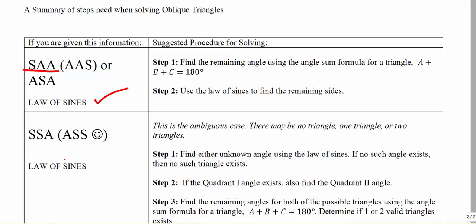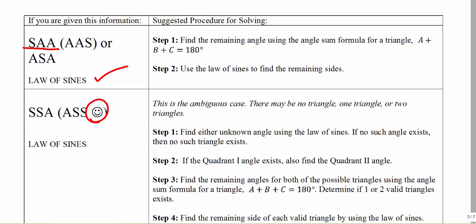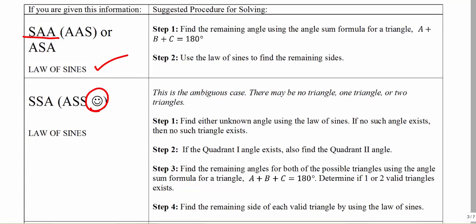For the ambiguous case, we had a side side angle or angle side side. We also were able to solve the triangles using the law of sines, but sometimes we had to be careful that we examine the angle not only from quadrant 1, but also the angle from quadrant 2. So in the first example, we knew two angles, so there was no ambiguity.